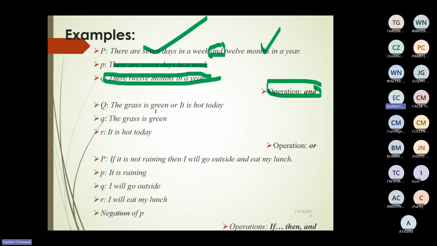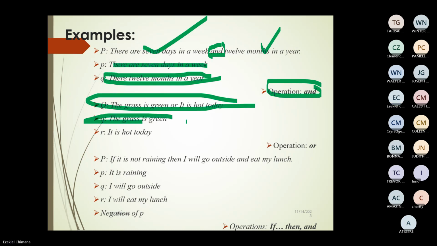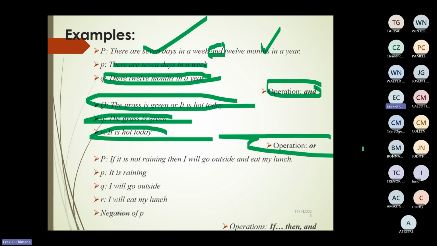Then, "The grass is green or it is hot today." You are joining the two using the OR operator. Next: "If it is not raining, then I will go outside and eat my lunch."